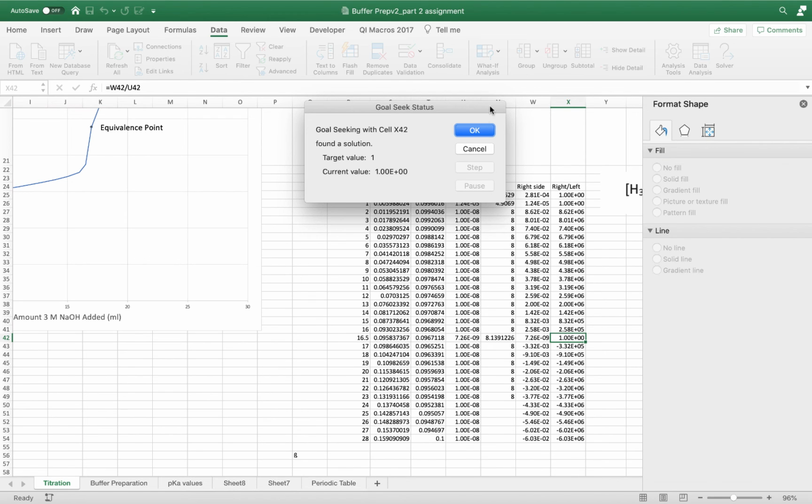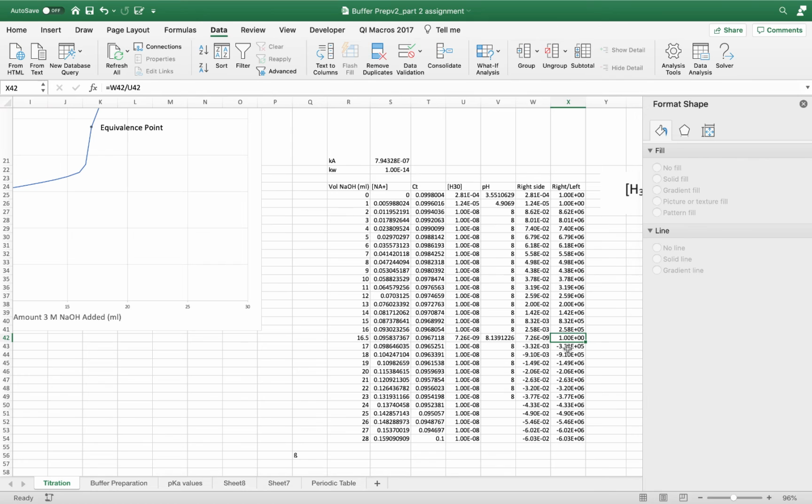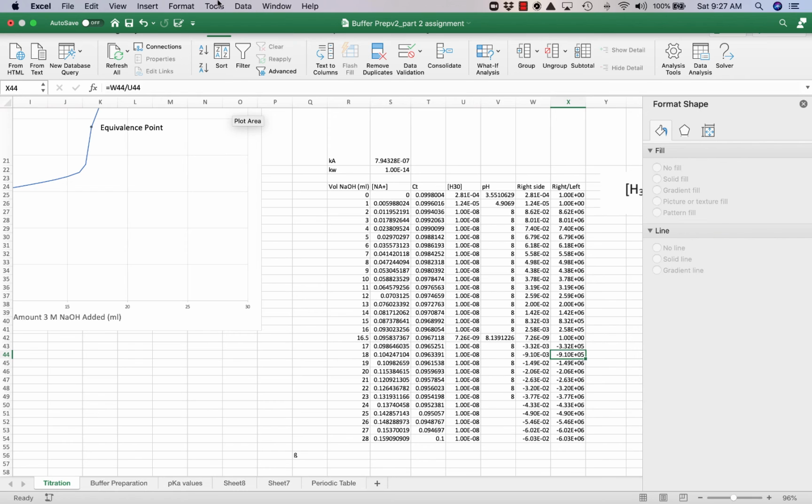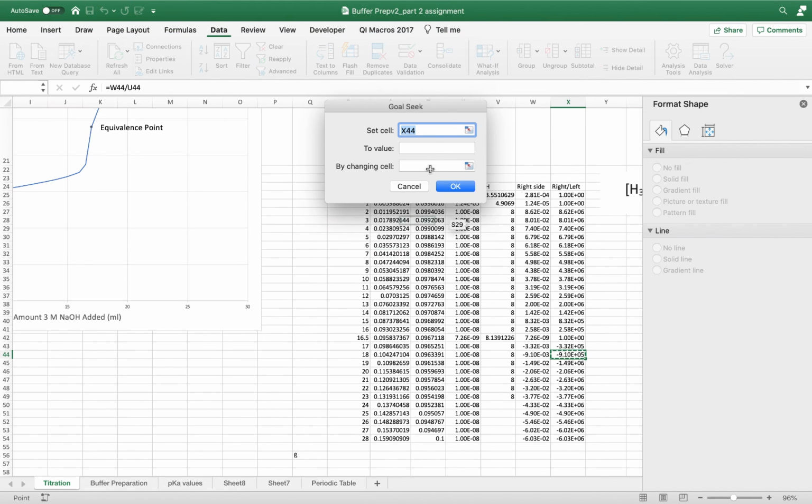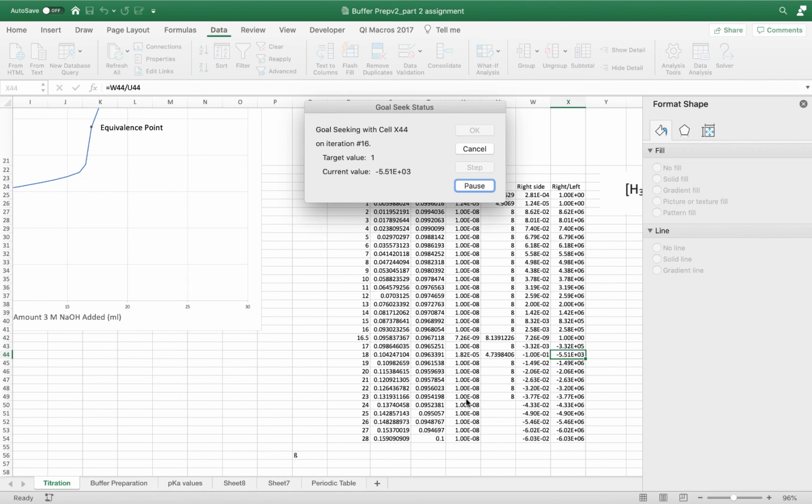If it does not find a solution, let me try one more. As you can see, it's not finding a solution. It will go through 500 iterations and see if it found one.